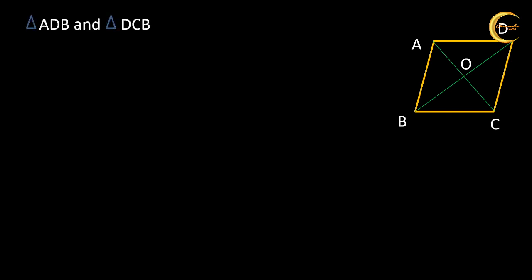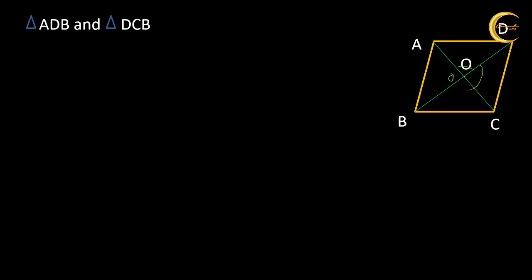Now you see here, we require one more angle. It is required to prove that this AOD angle is equal to this DOC angle. So we can easily say these two angles are right angles, and this point O is the middle point of the AC line.